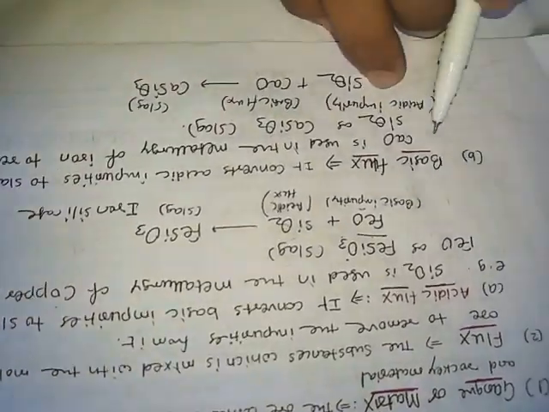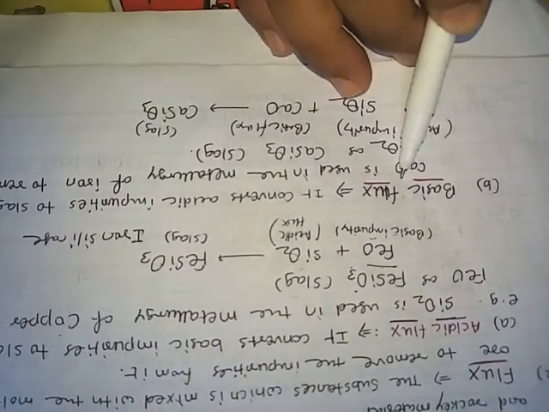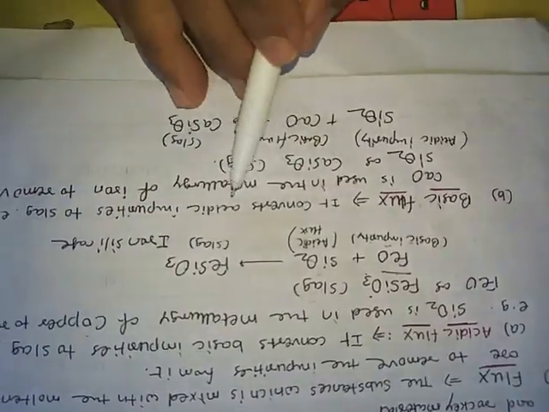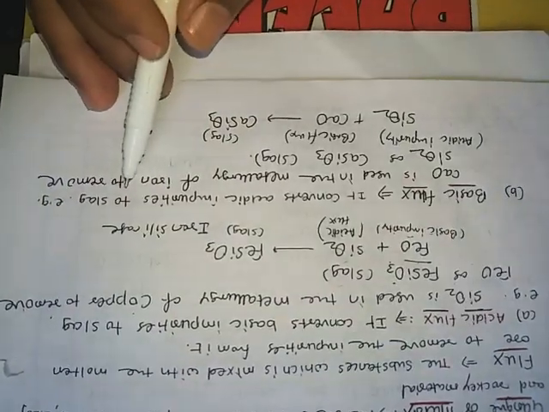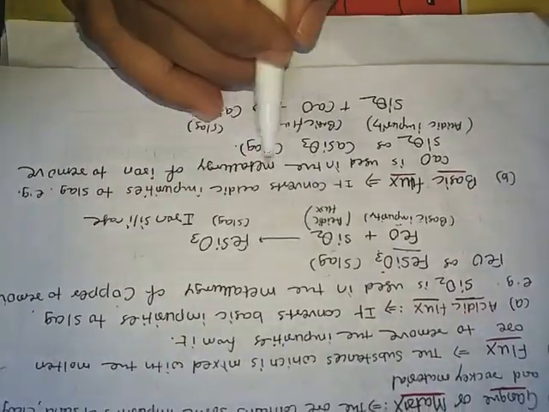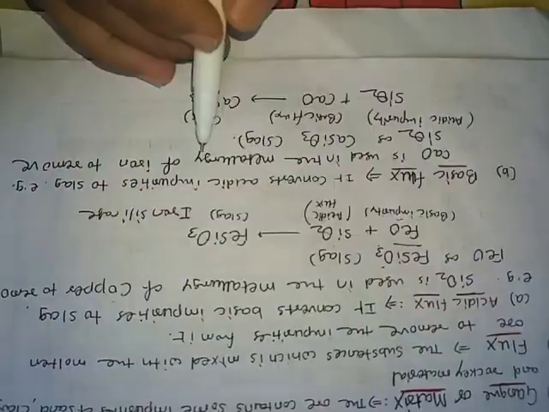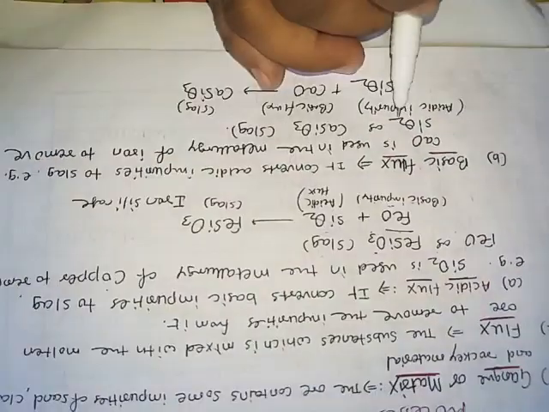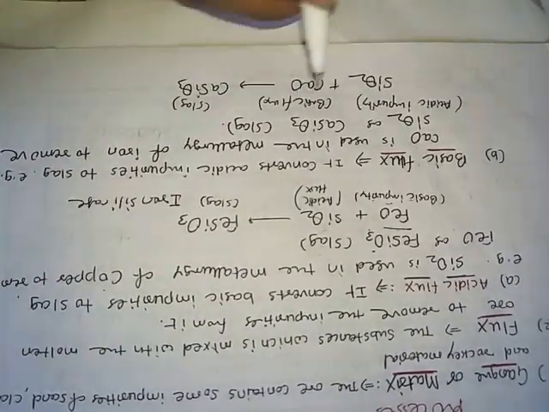Next, basic flux. It converts acidic impurities into slag. For example, CaO is used in the metallurgy of iron to remove SiO2 as calcium silicate, as a slag.